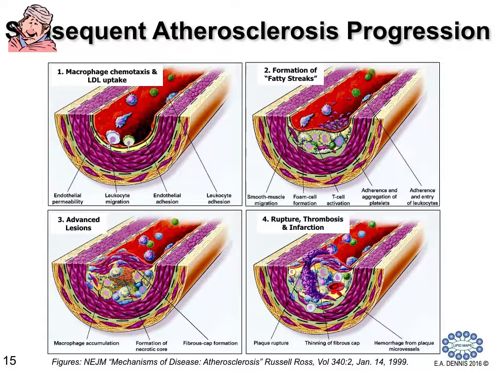And with their accumulation, one gets the necrotic core and fibrous cap formation that eventually leads to rupture, thrombosis, and infarction.